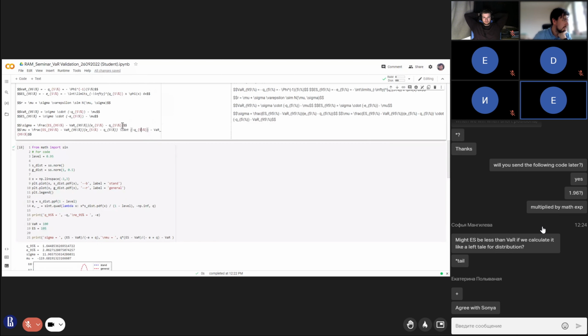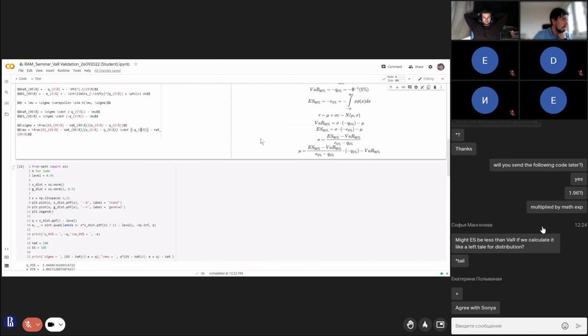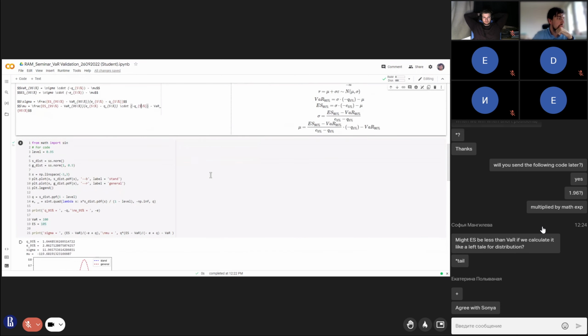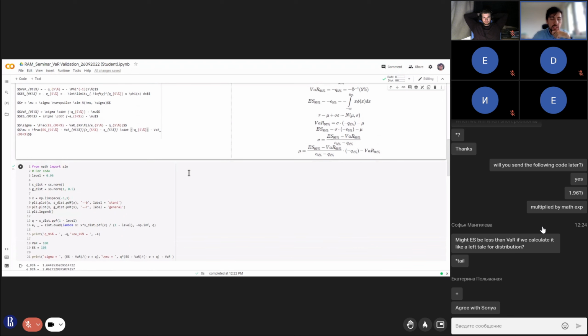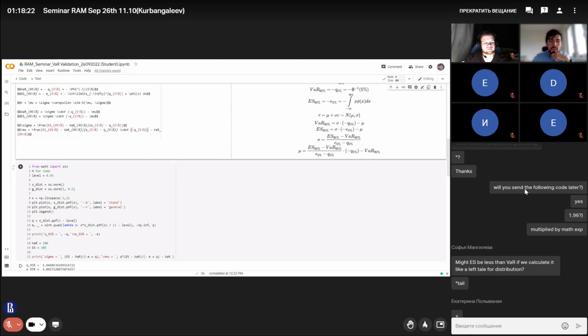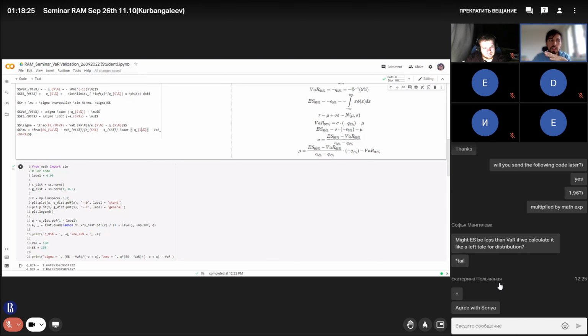Sorry, can you please explain again why expected shortfall can't be less than VaR? Because expected shortfall by definition is an expectation of values greater than VaR. It works with the region of the distribution that contains extreme losses, and those extreme losses are greater in value than value at risk.